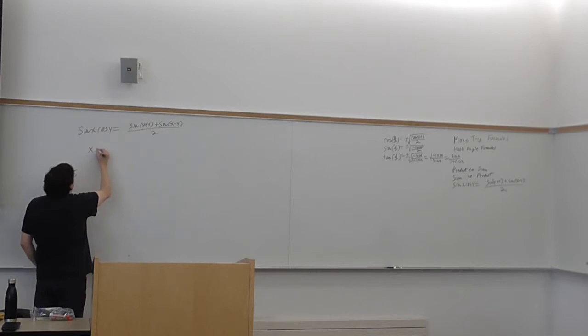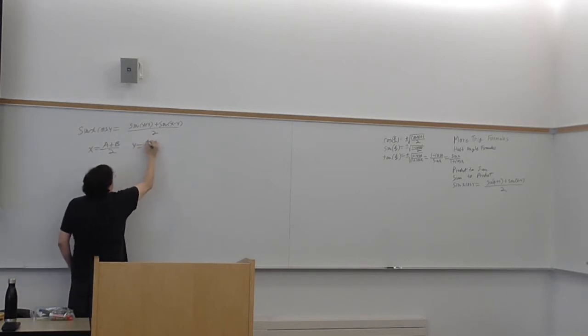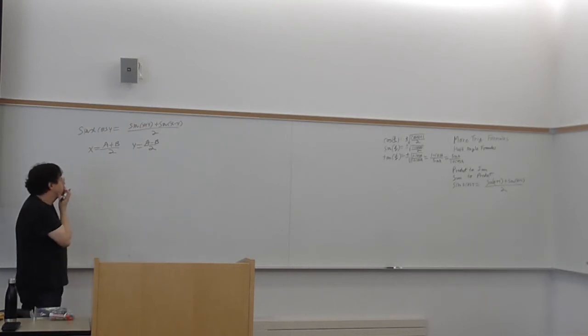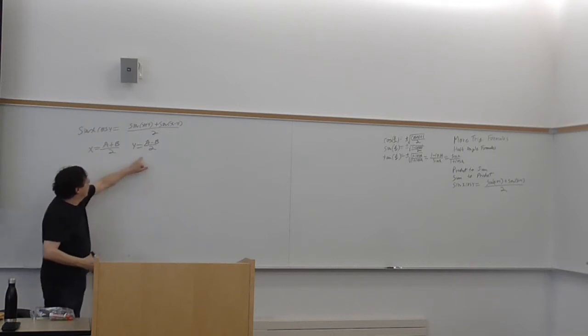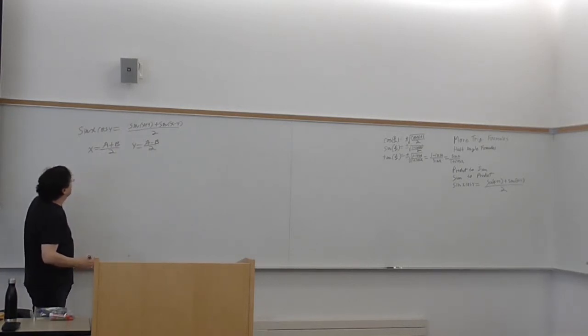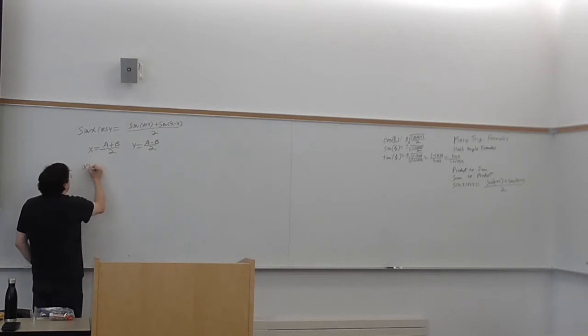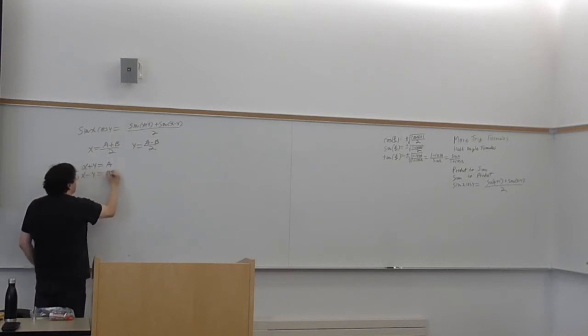I'm going to set x equal to a plus b over 2 and y a minus b over 2. Now looking at this, if I add x and y, what am I going to get? The b's are going to drop out and I'm just going to get a. So x plus y is going to equal a, and similarly, x minus y will equal b.